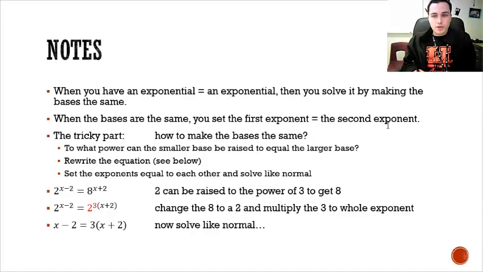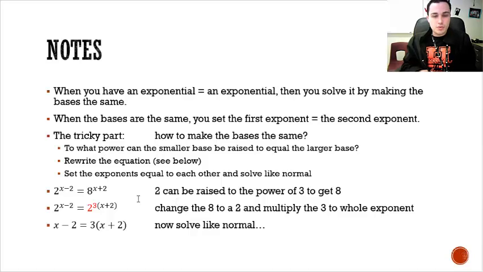This is really hard to understand from just verbal descriptions, so it really helps to look at something like this down here. So here I'm looking at an exponential equal to an exponential, and the base here is 2, the base here is 8. Now those bases are not the same. If I can find a way to make them the same, then I can just set the exponents equal to each other.